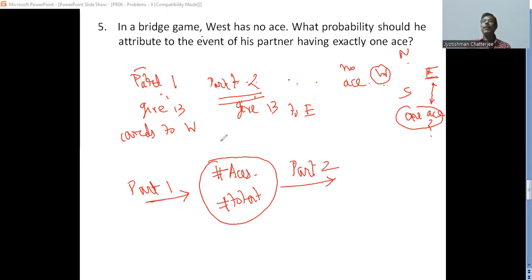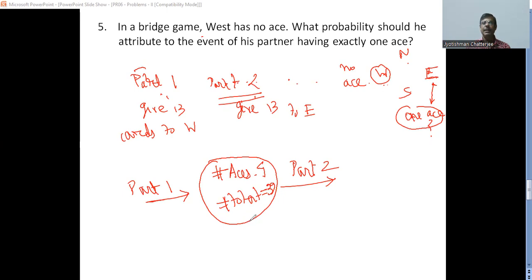Part 1, see, some information is given to you. We are already told that West has got no ace. In other words, part 1 has not drawn any ace card. So how many aces are remaining? Aces are 4. And what is the total number of cards? 13 are already gone out of 52. So 39 are left.